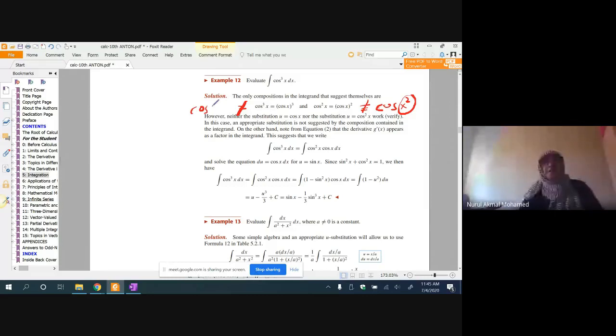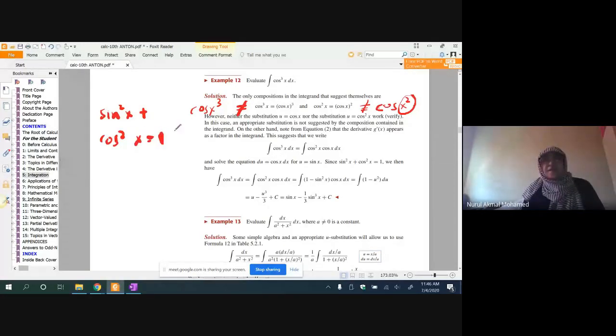We split the cos cubed x into two parts: one is cos squared x multiplied with cos x. And then you know from the trigonometric identity, sine squared x plus cos squared x is equal to 1.